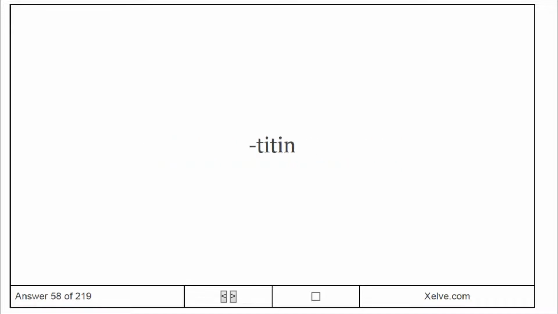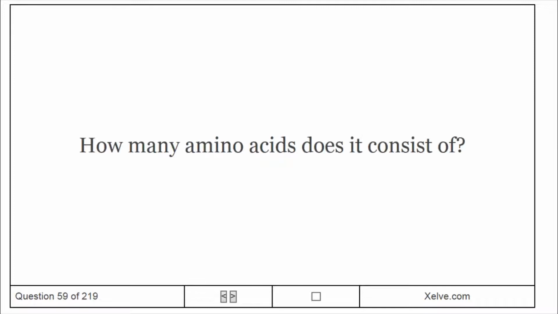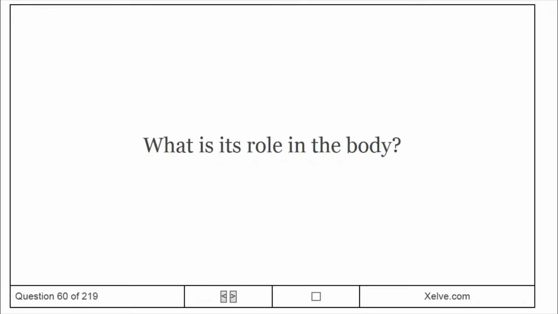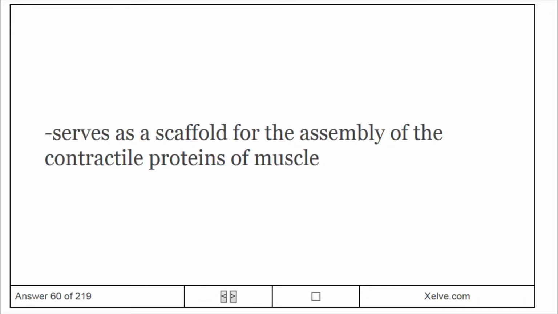What is the largest protein? Titin. How many amino acids does it consist of? Almost 27,000. What is its role in the body?